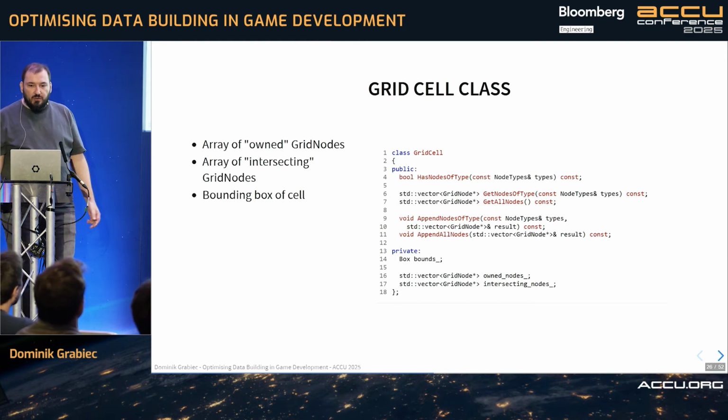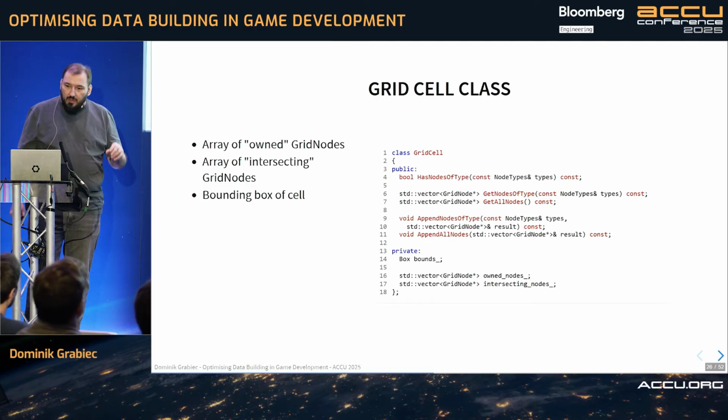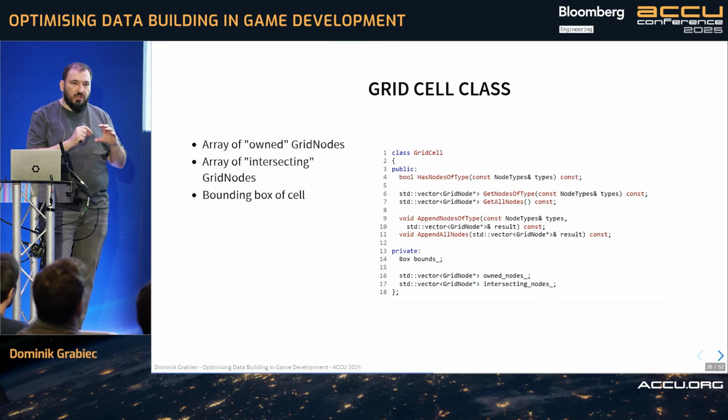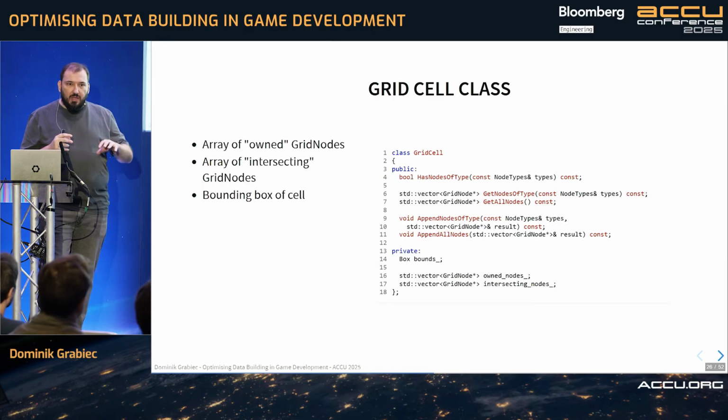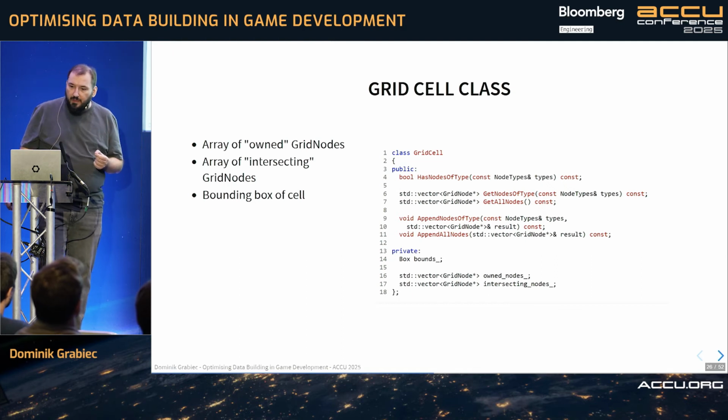It basically stores two different arrays of grid nodes. I did this because you actually want to do two different queries for this data. There's a thing called owned nodes, and that's where the bounding box center of that node, or that node's position, is in that cell's dimensions. And there's also an array of intersecting nodes, where it's just where that node's bounding box intersects.